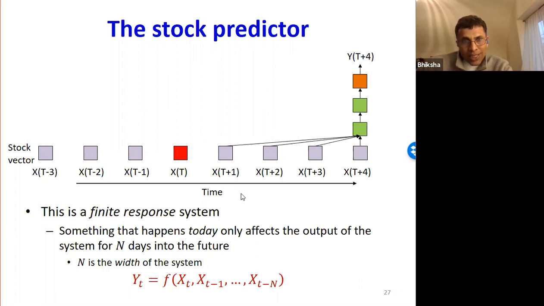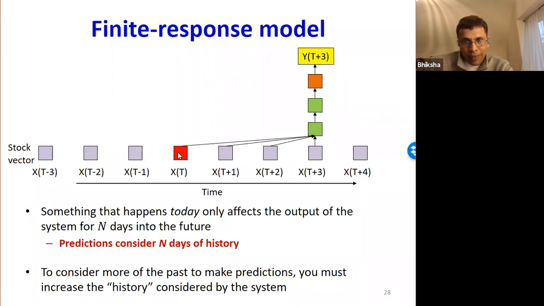Once the window of inputs read by the network slides past t, this input no longer influences the output. So something that occurs today only affects the output for up to n days into the future, where n is the width of the input window considered by the network. That's 4 over here.